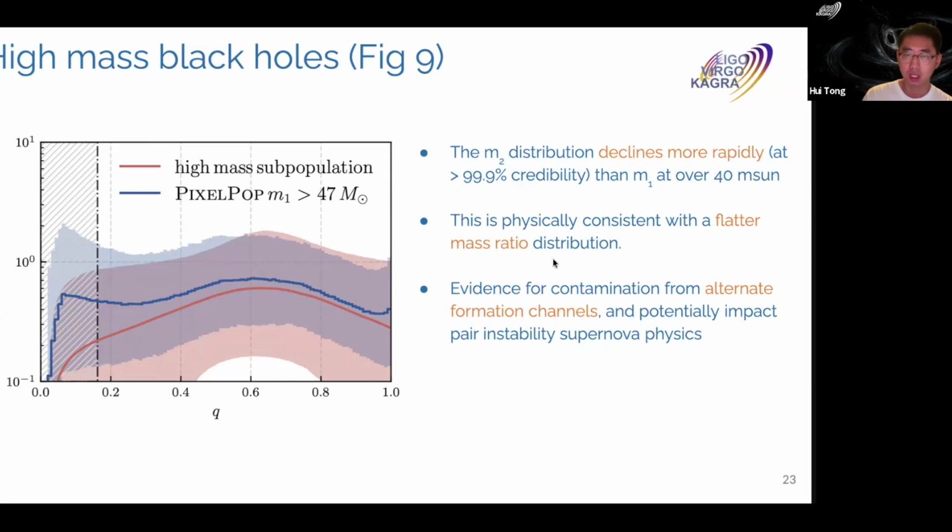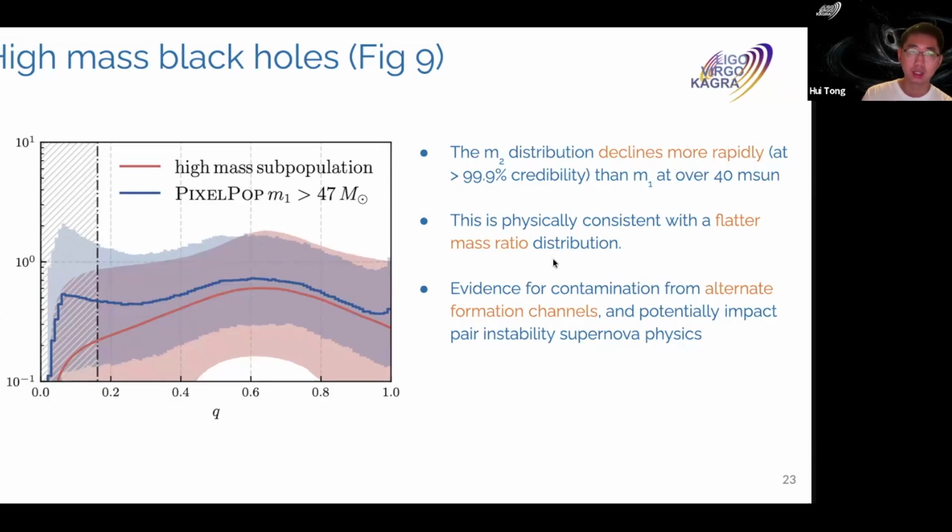So we infer the starting point of this high mass subpopulation, which presents distinct properties, at exactly around 45 solar mass. That's why we chose this 47 solar mass for our weakly parameterized model to show the mass ratio distribution accordingly.